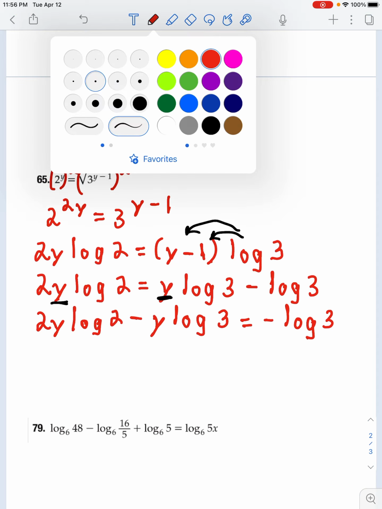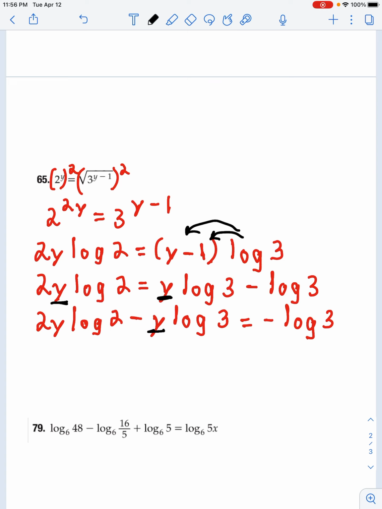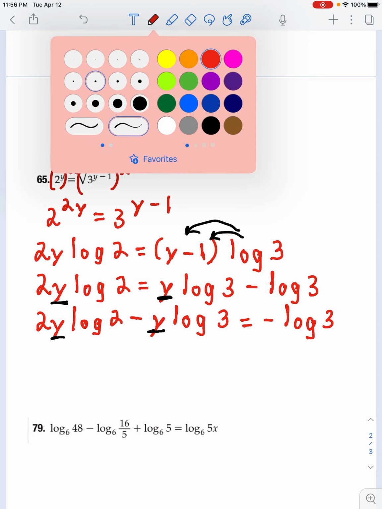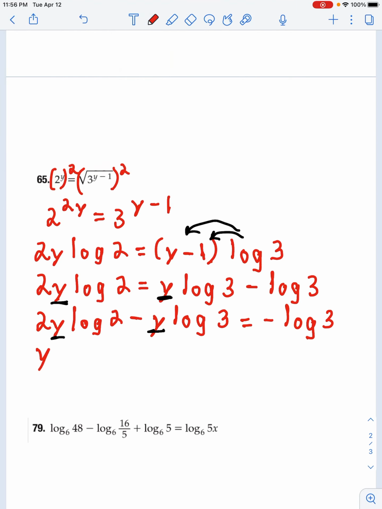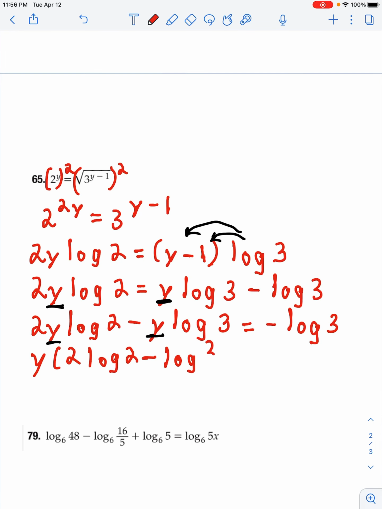At that point, I still have 2 y's in my equation, but at least now they're on the same side of the equation. So what I'm going to do is factor the y out of both of those terms, which means I have y times 2 log 2 minus log 3 equals the opposite of log 3.